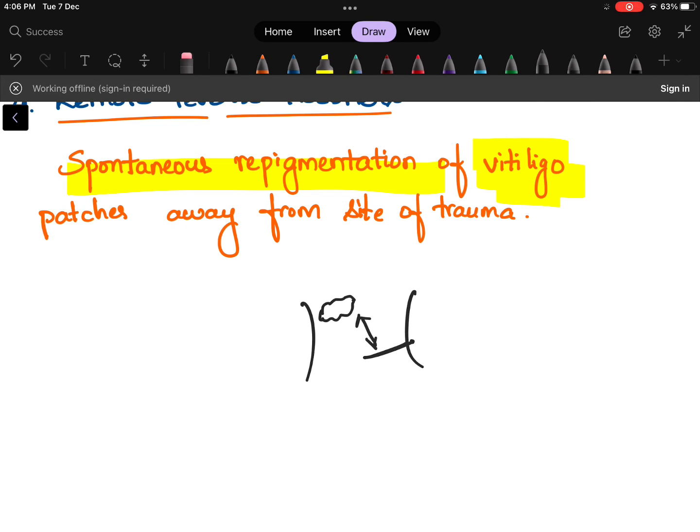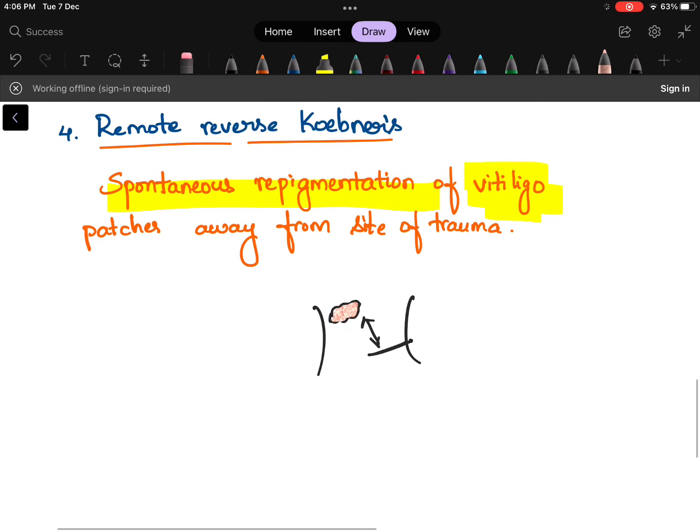After this trauma, the vitiligo patch has spontaneous repigmentation. We don't know why this mechanism occurs, but it does occur. Why reverse Koebner's? It is not making a new lesion, it is healing the lesion that is already present, and this is away from the site of trauma. So we can note it down as remote reverse Koebner's.